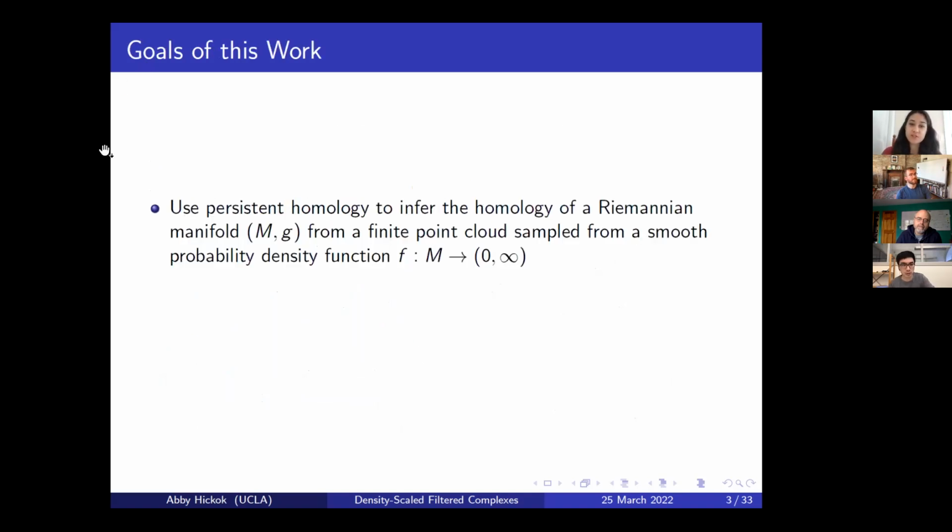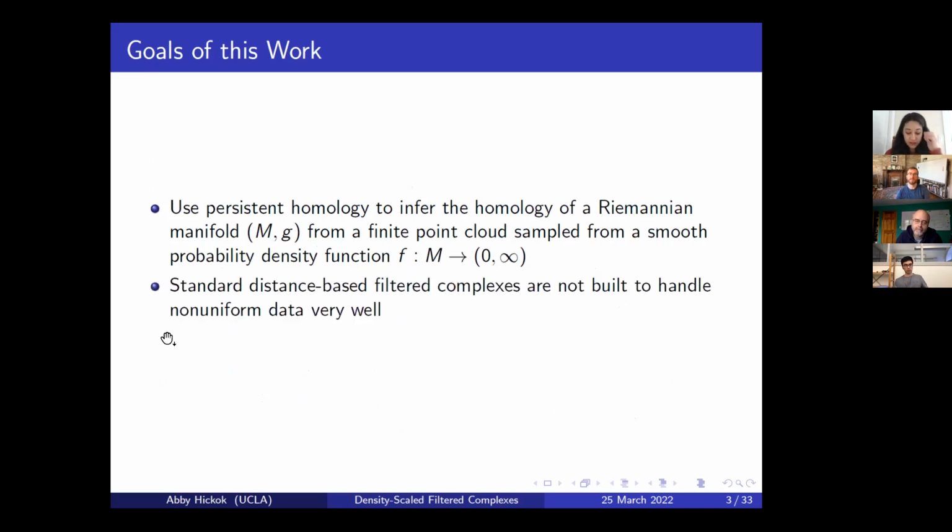So the goal of this work is using PH to infer the homology of this underlying Riemannian manifold, given just a finite point cloud sampled from it from some smooth probability density function f on the manifold. The problem that I'm addressing with standard distance space complexes is that they're not really built to handle non-uniform data very well.